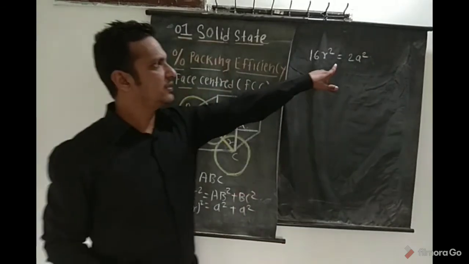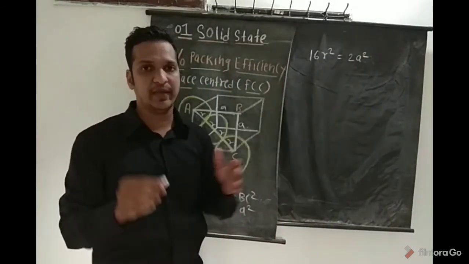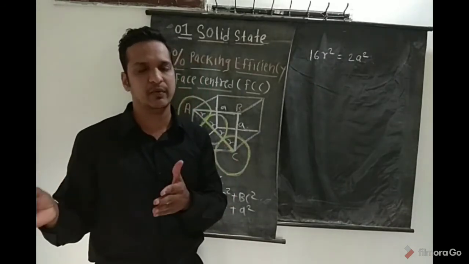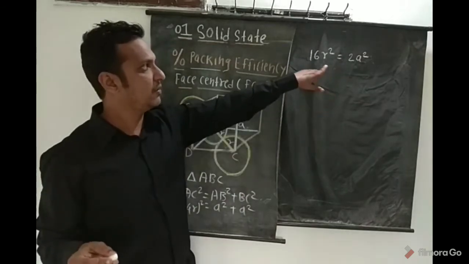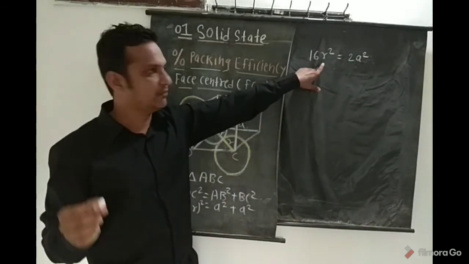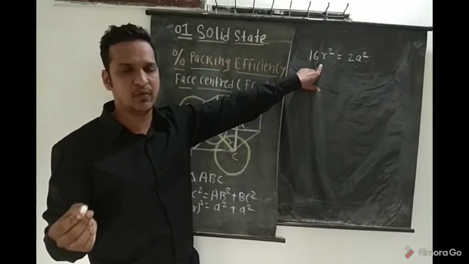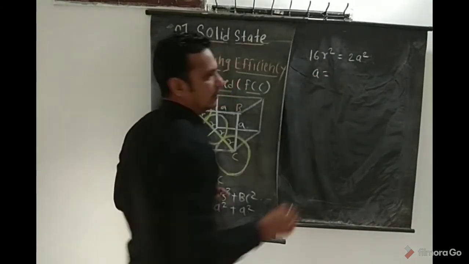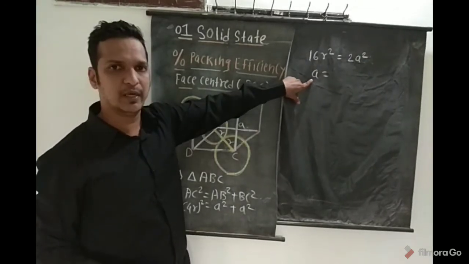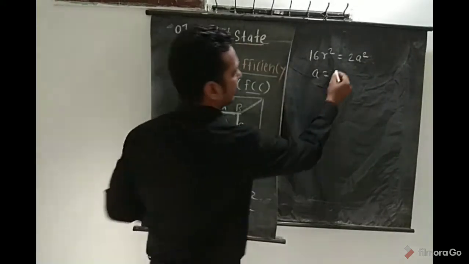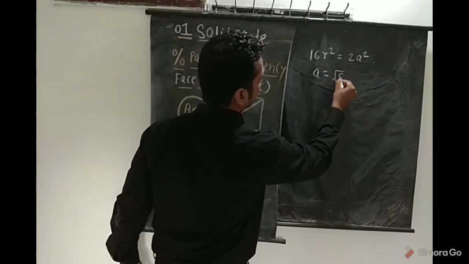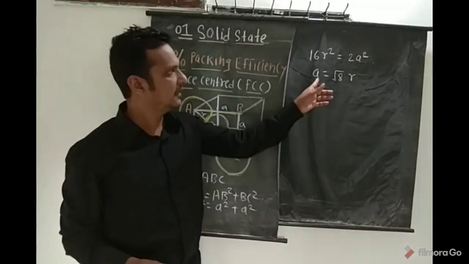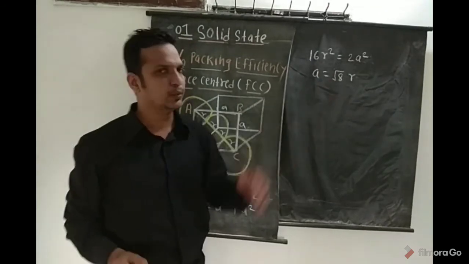Now from this equation, we have to calculate the value of a, because we want the total volume of unit cell, which means a cube. So a is equal to root 8 R.